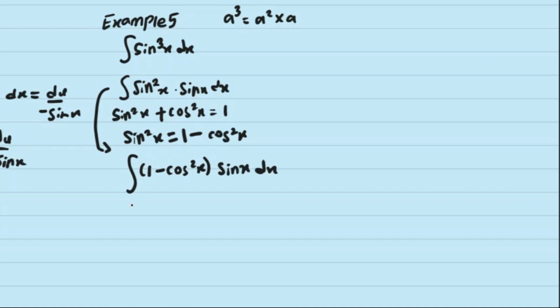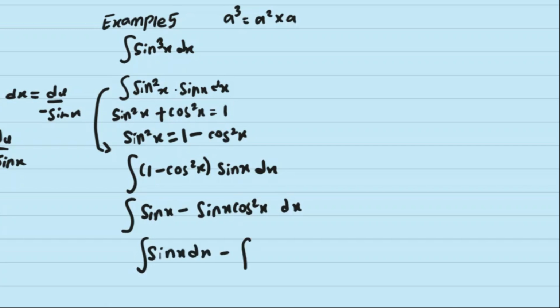If you open the bracket, sine x times 1 gives us sine x, minus sine x cos square x, with respect to dx. So this is the integral of sine x dx minus the integral of cos square x sine x dx. Don't forget sine x times cos square x is the same thing as cos square x times sine x.